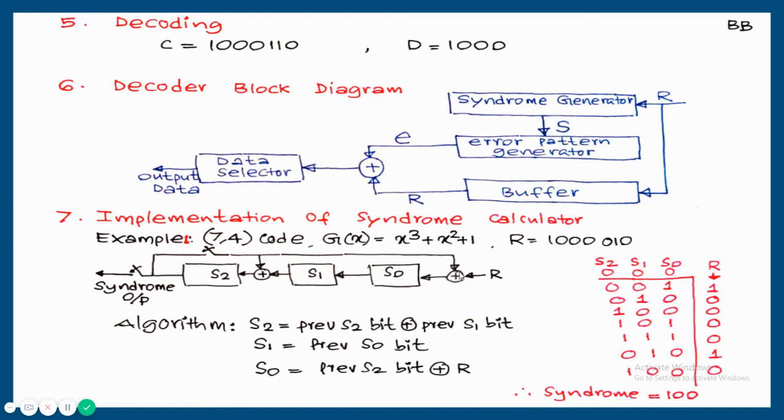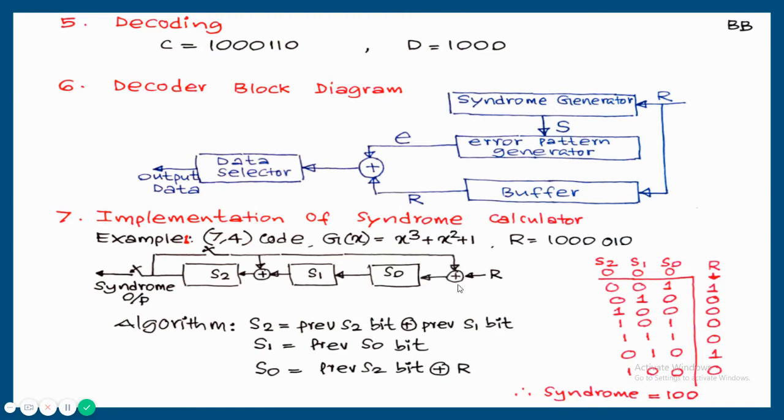The reason for that is, there the division was x raised to n minus k into d of x by g of x. There P of x is the remainder of x raised to n minus k into d of x by g of x. Due to the x raised to n minus k multiplication, d is shifted to left by n minus k positions.